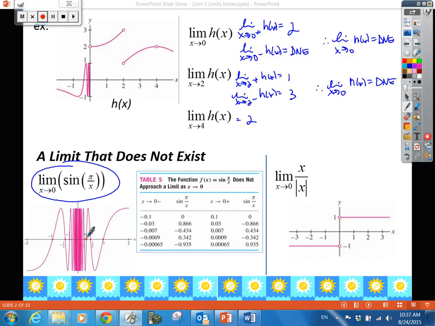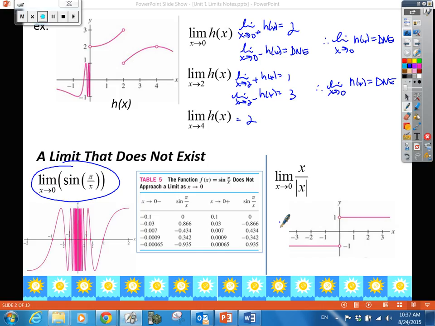If you look at the numeric portion, you'll see as we get closer and closer to 0 from the left, the y value bounces around. And as we get closer and closer to 0 from the right, the y value is still bouncing around. So that shows you numerically that it doesn't exist. Now some of our calculators probably wouldn't even pick up this nuance. Some of them would just say 0, 0, 0. But the reality is it is flipping back and forth. It's going crazy.